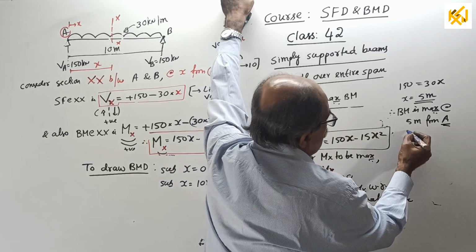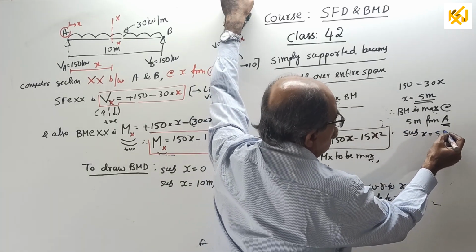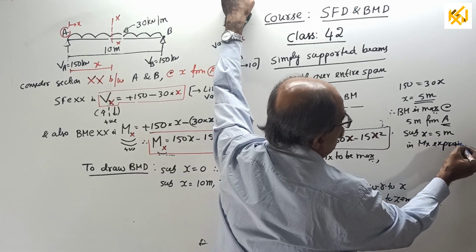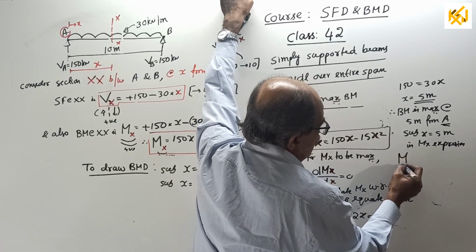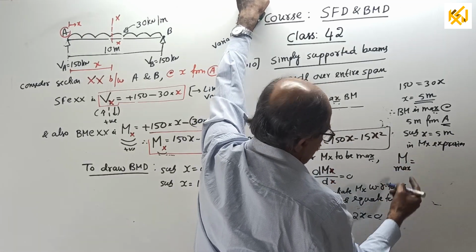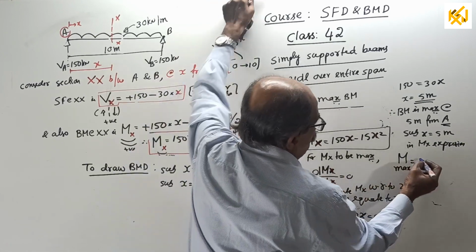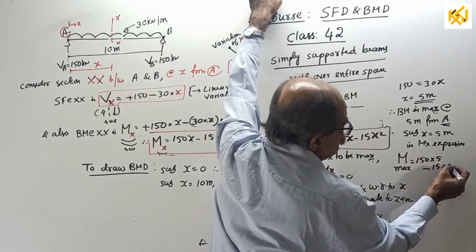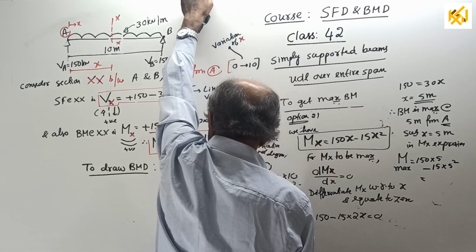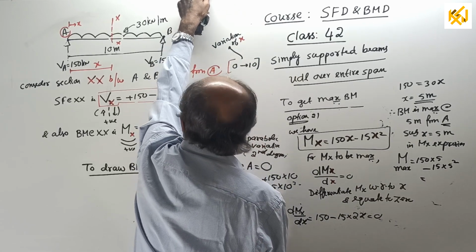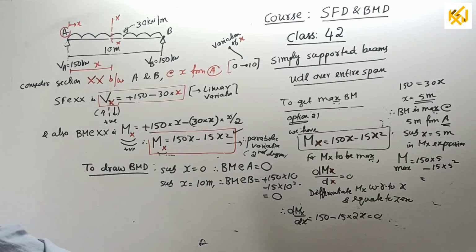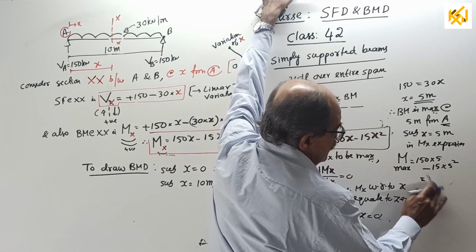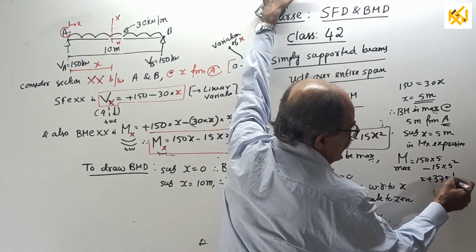X is from A. Now, substituting x equal to 5 meter in the Mx expression, that is the expression for bending moment, you get Mmax equal to 150 into 5 minus 15 into 5 square, same as last time. 375 came. Yes, 375 kilonewton meter.